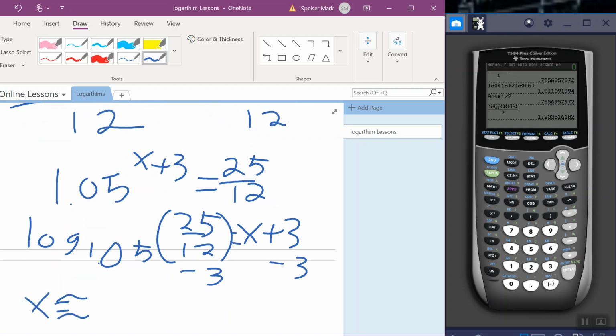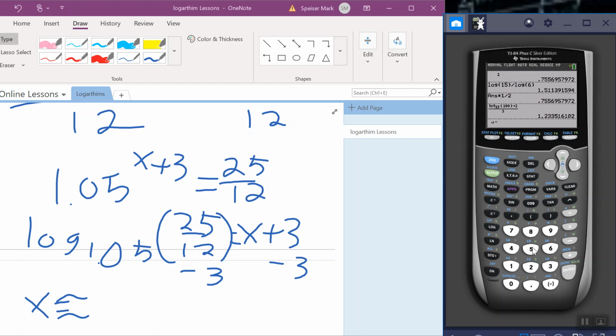Which will be approximately, so you always type in the number first, so negative 3 plus alpha window option 5 of log of base 1.05 of 25 over 12, and x is approximately 12.043.